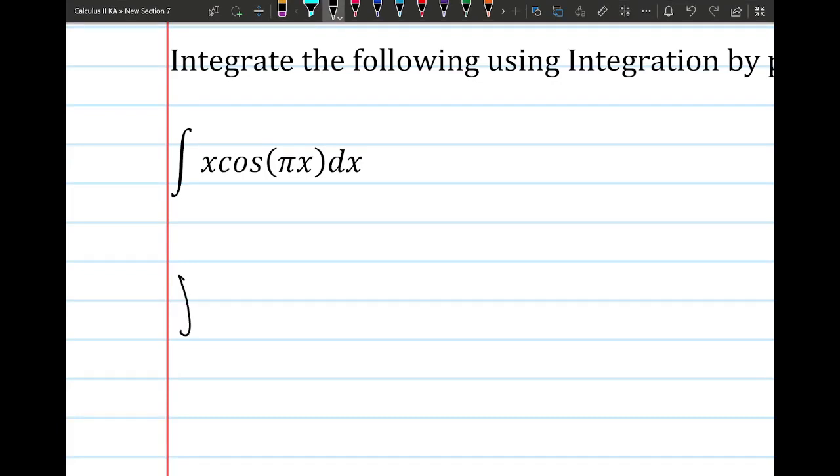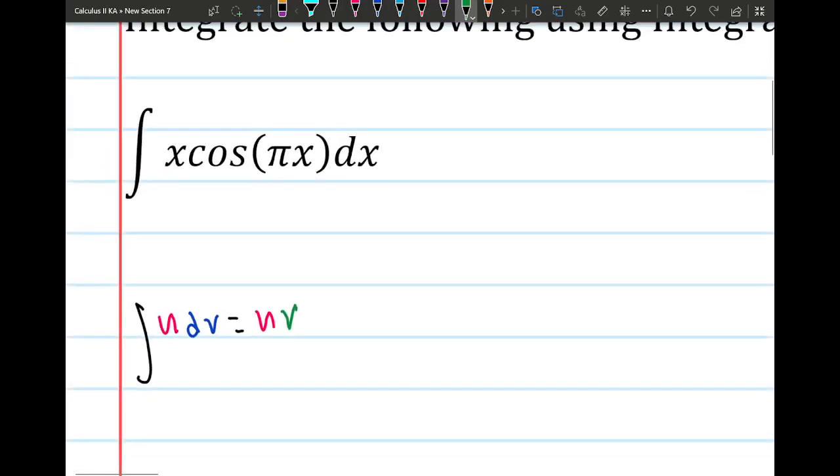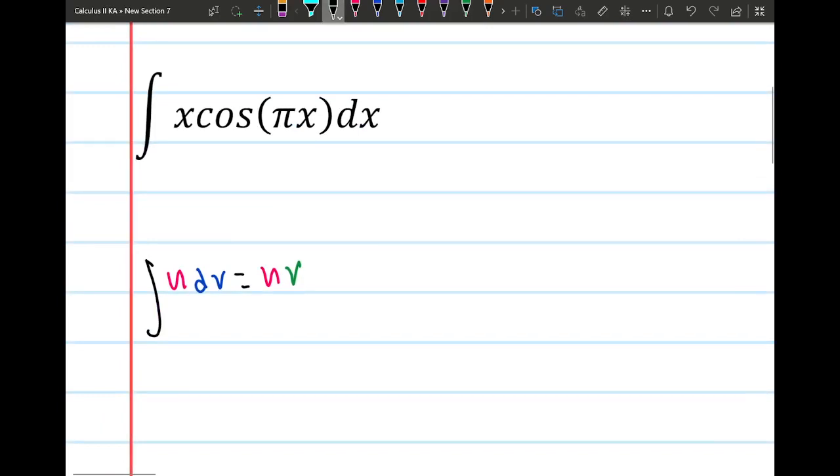The integral of u dv is going to be equal to u times v, and let's make v green, minus the integral of v du.